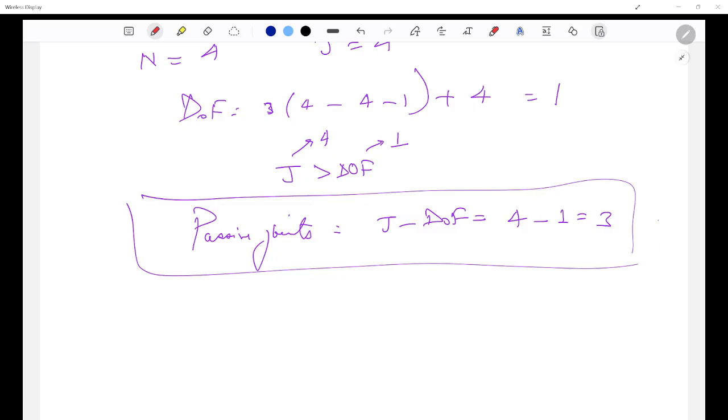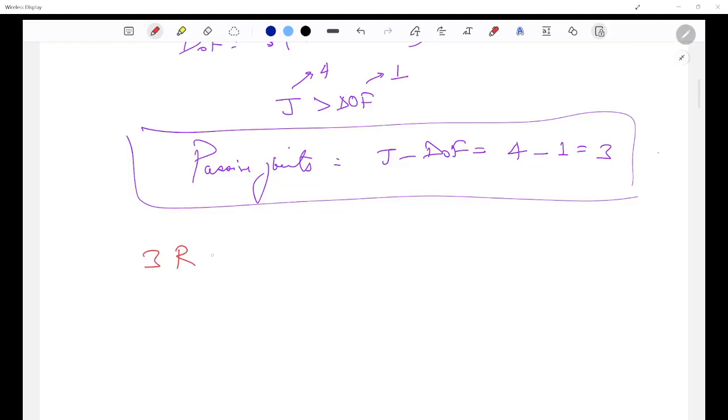If I have a 3 RPS parallel manipulator, it would have a base triangle. You might have seen it has 3 legs and a moving top triangle.